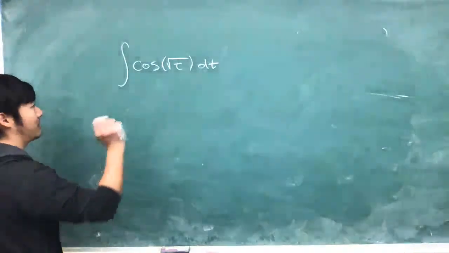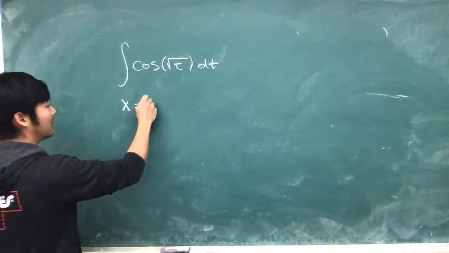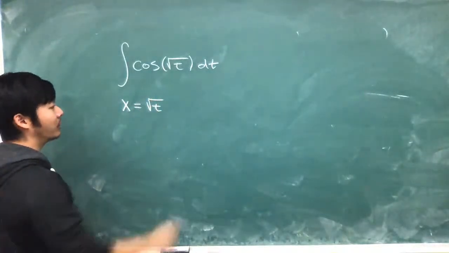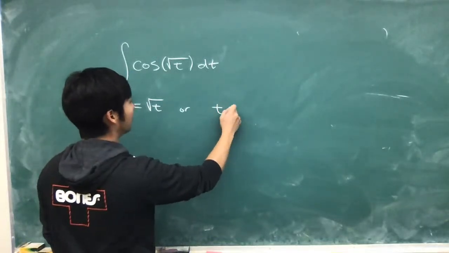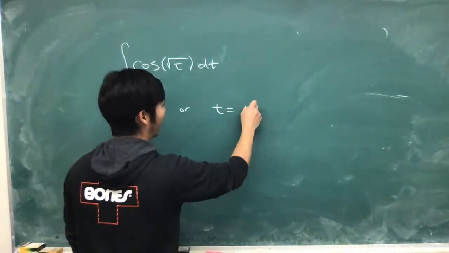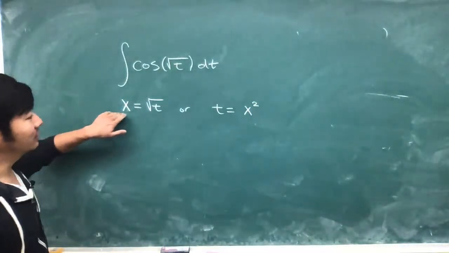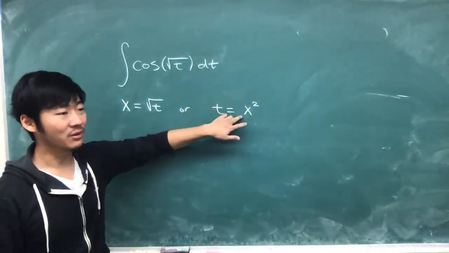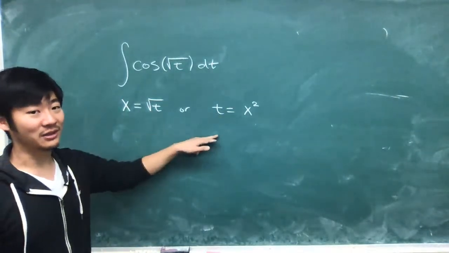So what I mean is this. You can either do x equals root t, or you can do t equals x squared. So we're either letting this whole thing be some variable, or we're letting t be something squared. But as you may have noticed, these are the same equations.